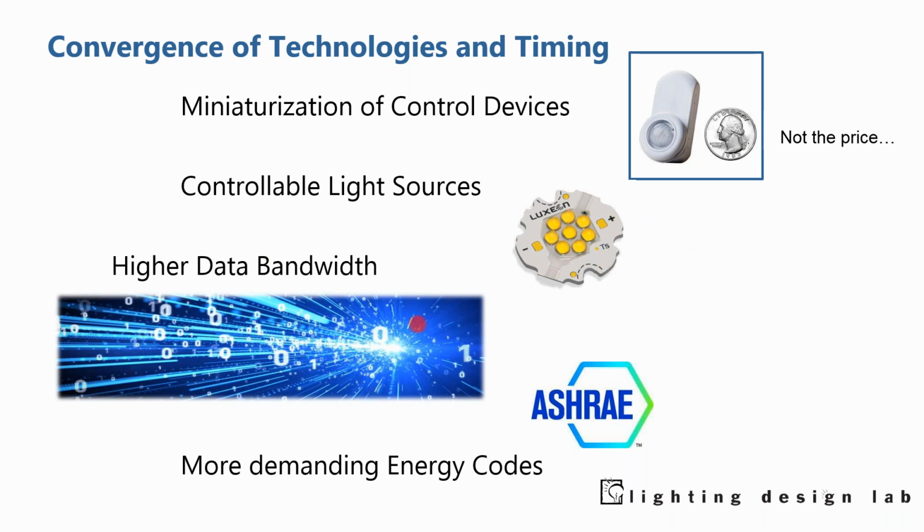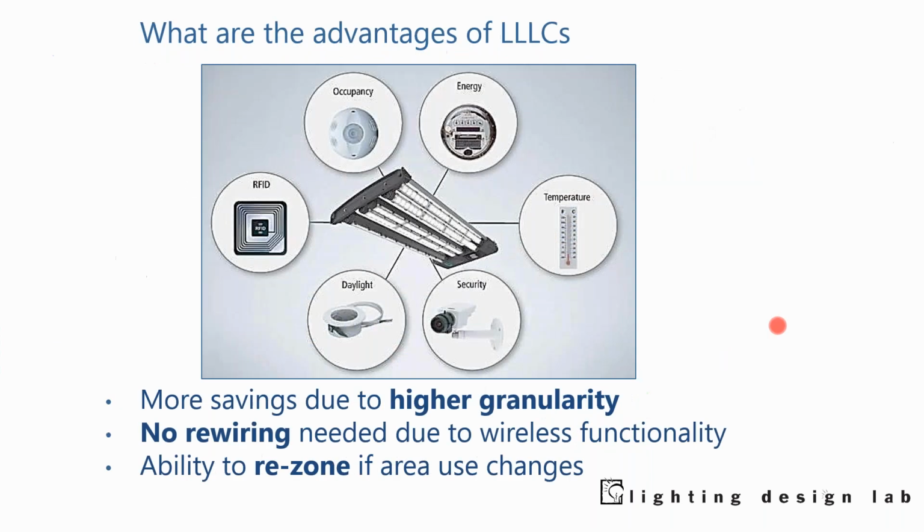We have higher bandwidth, so we can handle all the data that might be coming from a high density control system. And we also have more demanding energy codes, so there's an incentive, if you will, to do these controls.